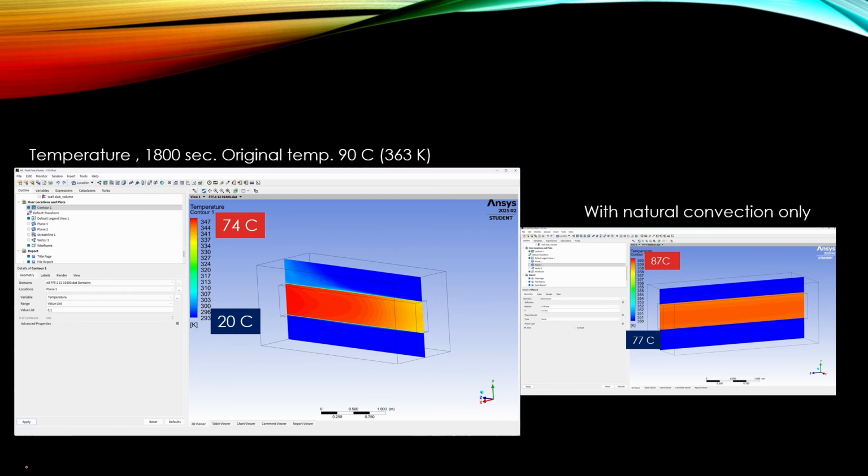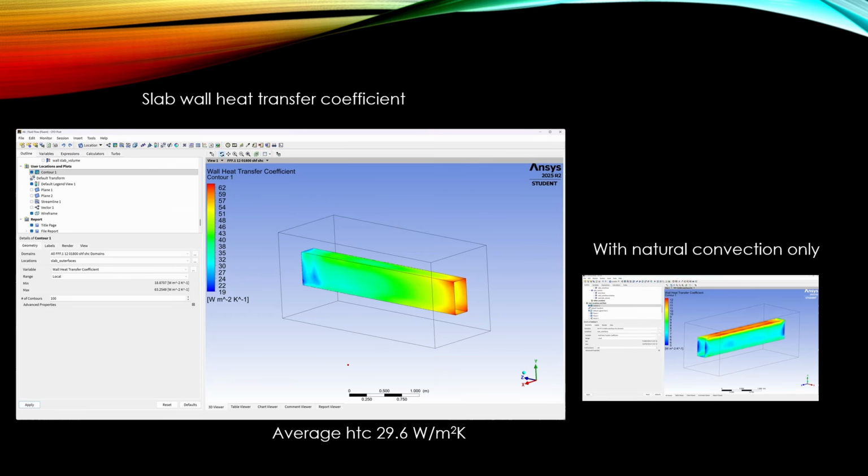And if we look at the slab wall heat transfer coefficient, it's much higher at this end. The average heat transfer coefficient was 29.6 watts per square meter Kelvin in this case.